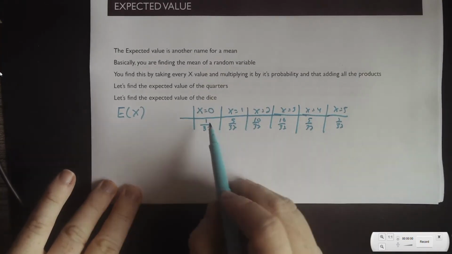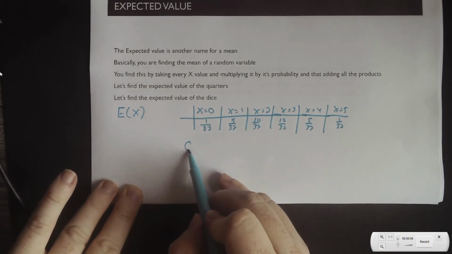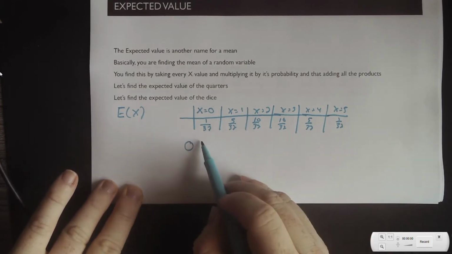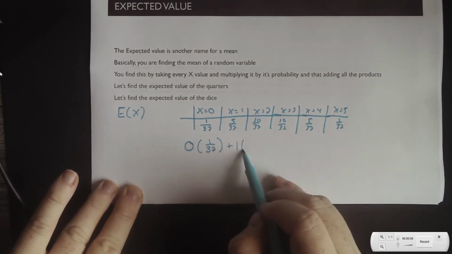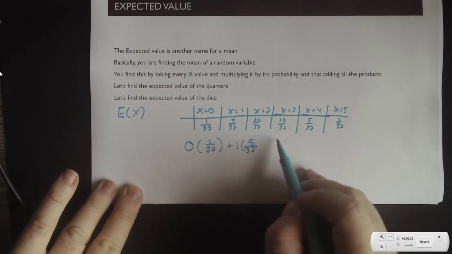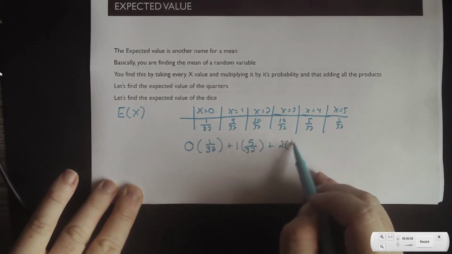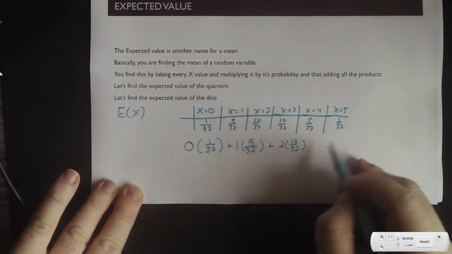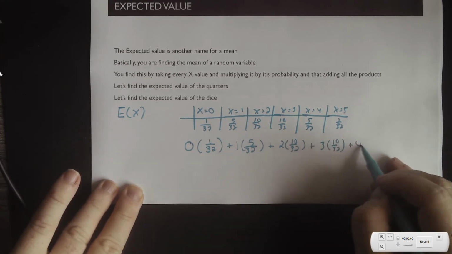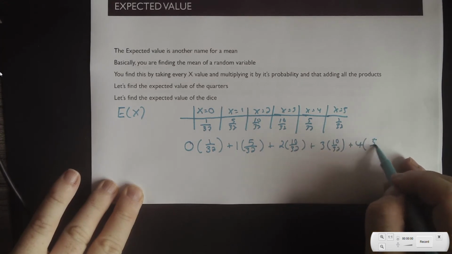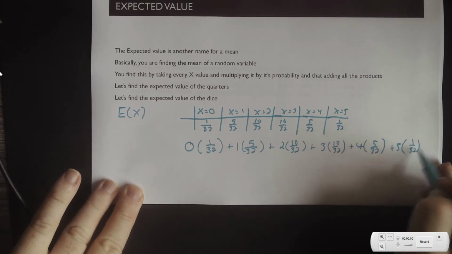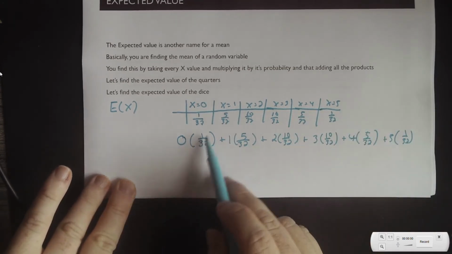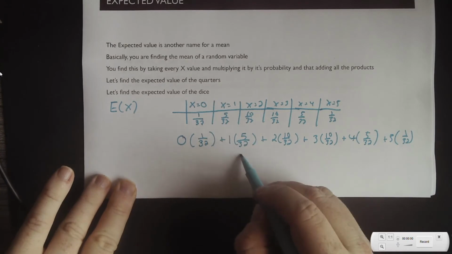And so then to find the expected value, I'm going to take every outcome and multiply it by its probability. So 1 times 5 over 32, 2 times 10 over 32, plus 3 times 10 out of 32, plus 4 times 5 over 32, plus 5 times 1 over 32. Okay, so let's see. That first term is just going to zero out, so there's not even really a reason to write that again.